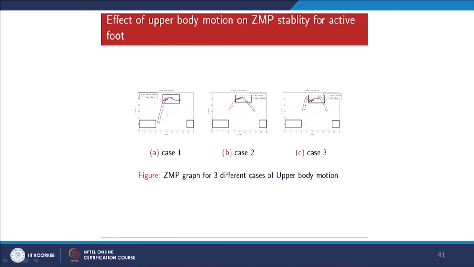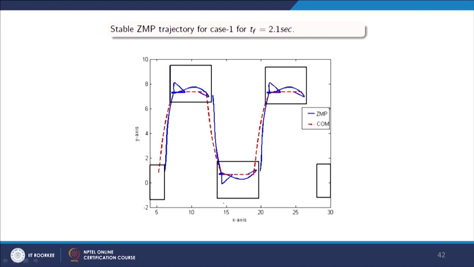And these pictures show the ZMP of the entire motion using various types of polynomial. This is for case 1 of the upper body motion. For case 2 and case 3, the ZMPs are plotted here, and it shows the position of the ZMP for various cases.